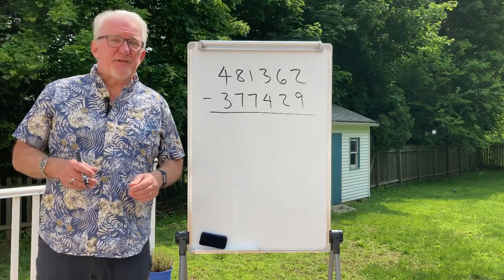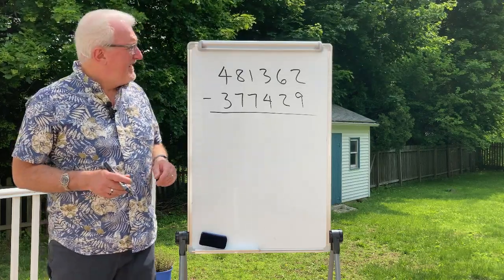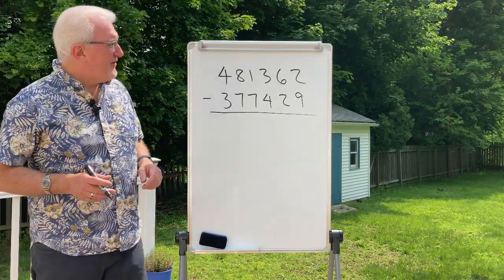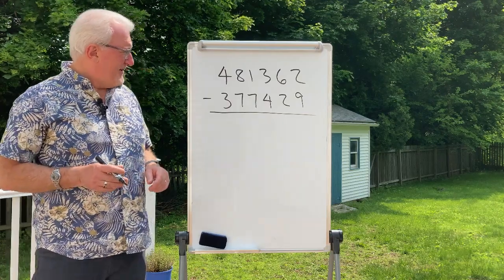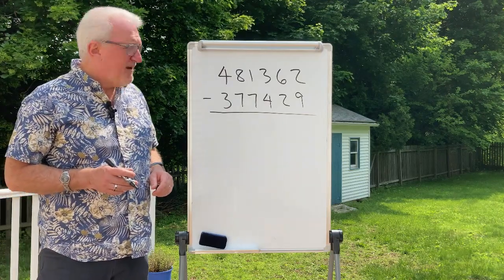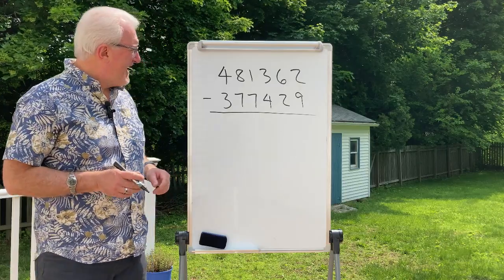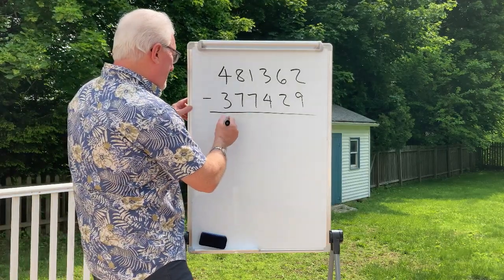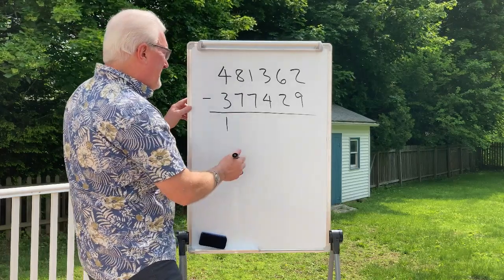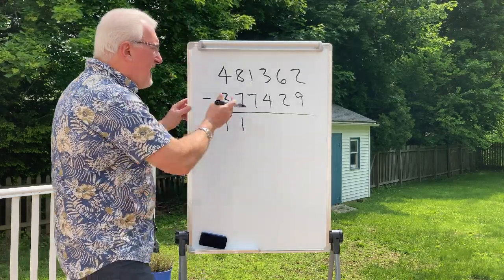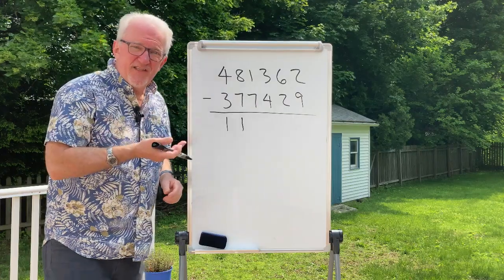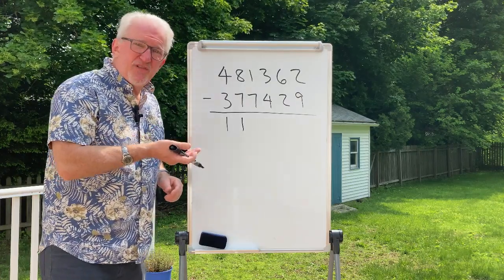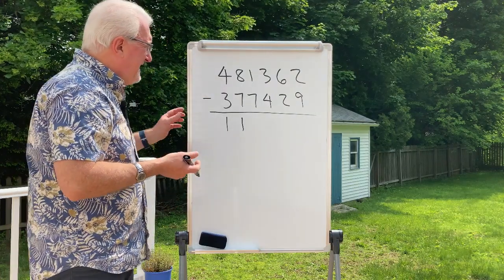For practice, let's apply this algorithm one more time to the problem 481,362 minus 377,429. Well, beginning over on the left, we have 4 minus 3. That's 1. 8 minus 7 is also 1. 1 minus 7, well, 1 is less than 7, and so we're going to do 7 minus 1 instead.